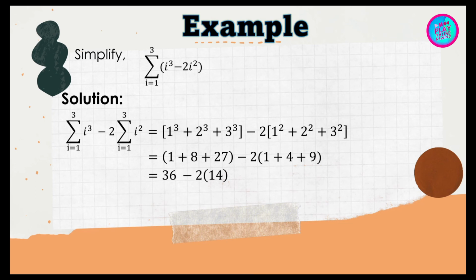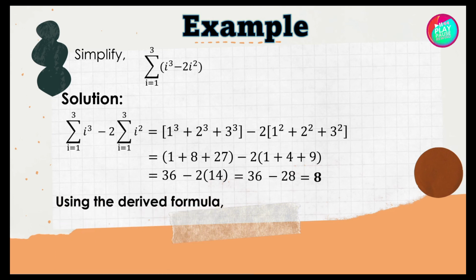That equals 1 plus 8 plus 27, which is 36, minus 2 times (1 plus 4 plus 9, which is 14), which is 36 minus 2 times 14, which is 28, and the answer is 8.